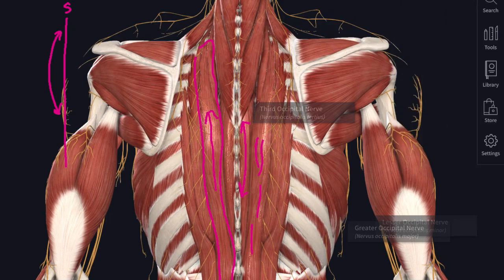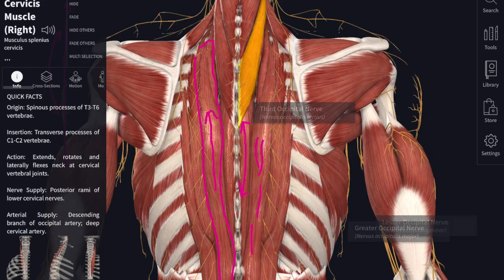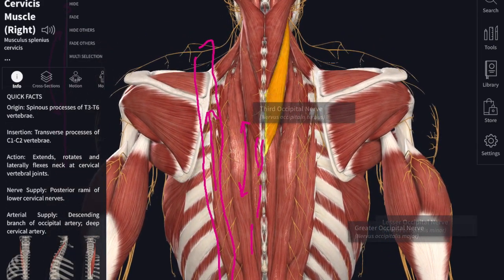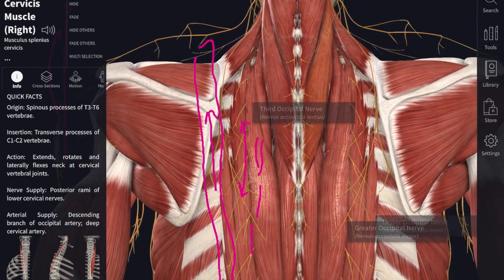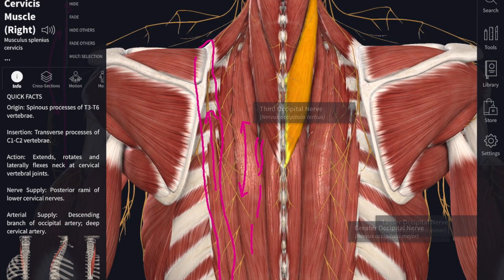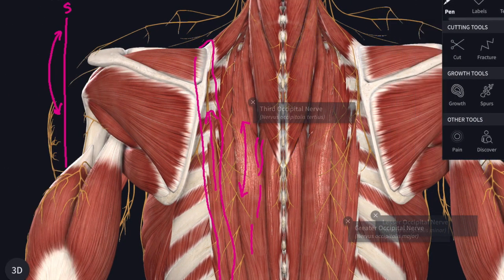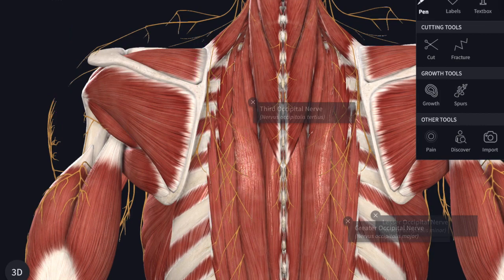Please do not do that. Or if you have confused the splenius with your spinalis. You'll also notice here that the spinalis is still running above, but the splenius is running outward.